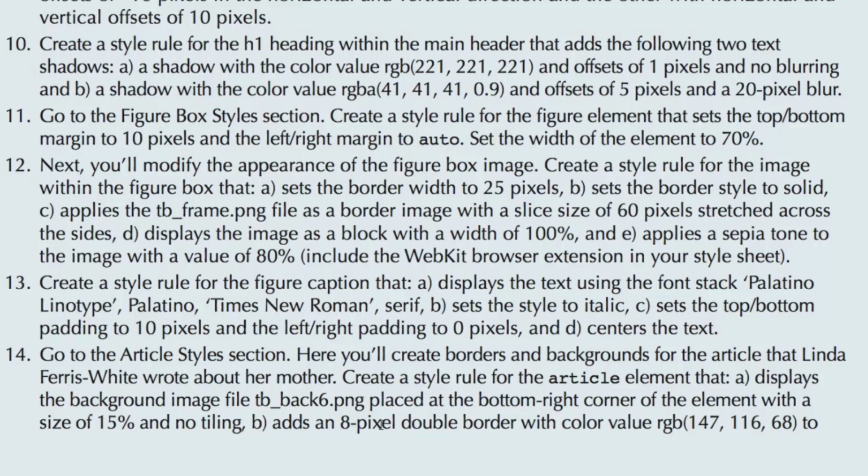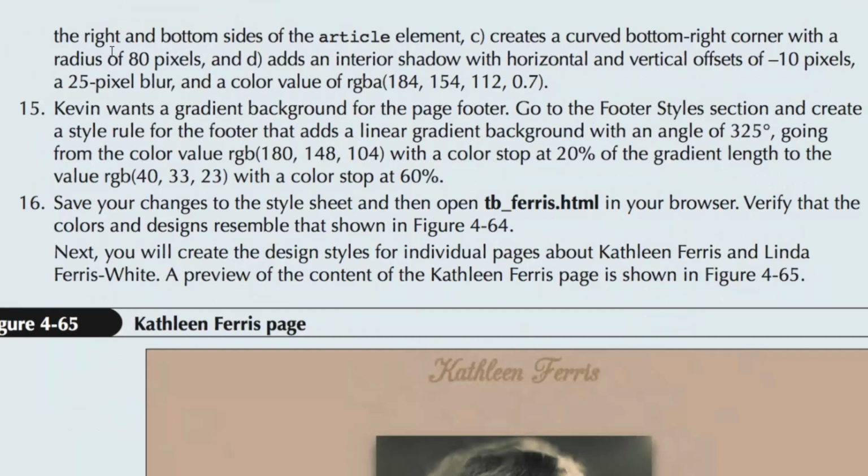And then we're going to add an 8-pixel double border, with a color value of RGB 147, 116, 168 to the right and bottom side of the article.